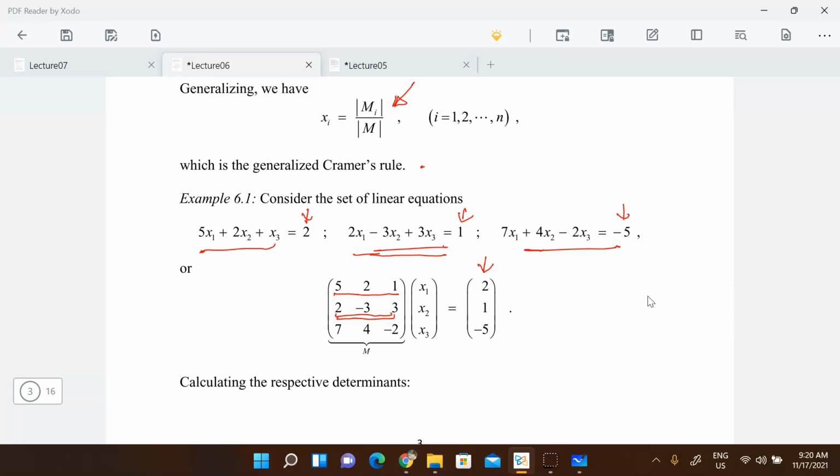Okay, that assumption has to be there, meaning if you have the cases where your simultaneous linear equations are not really having any solution, then this doesn't work at all. Okay, so here we assume that the set of linear equations has been checked in a way that it has a unique solution.